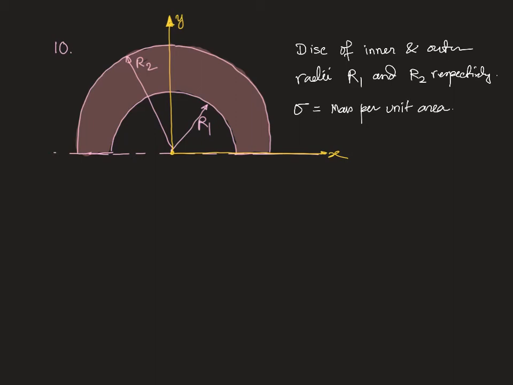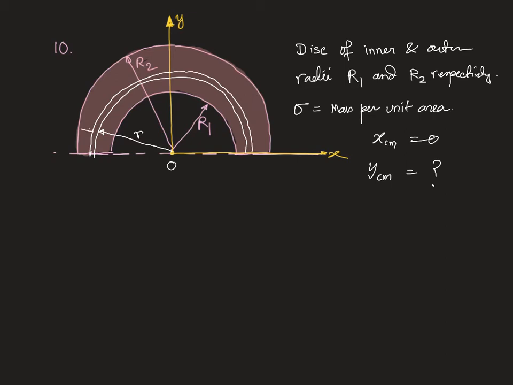So you have to locate the center of mass, and you know from symmetry xcm is equal to 0, so we have to find YCM. So that's the simple way as we have derived. We can divide this thing into semicircular rings of radius r and thickness dr, right?